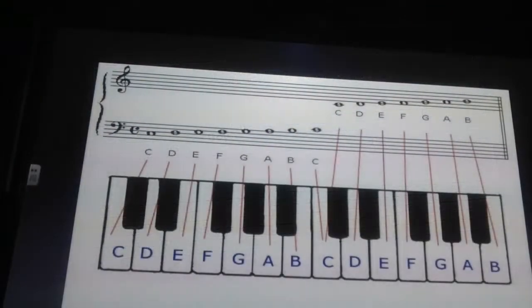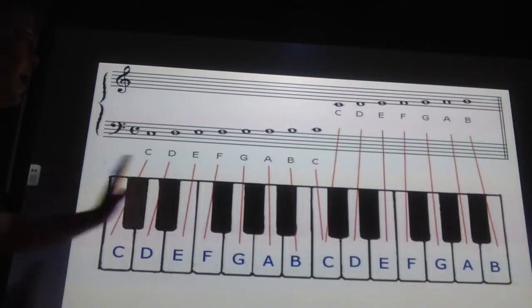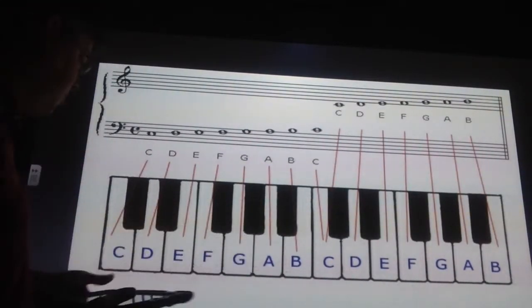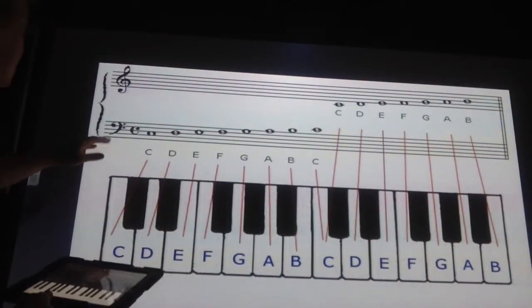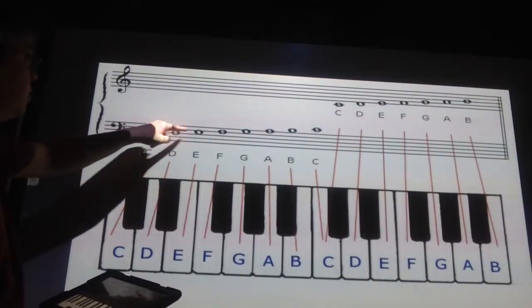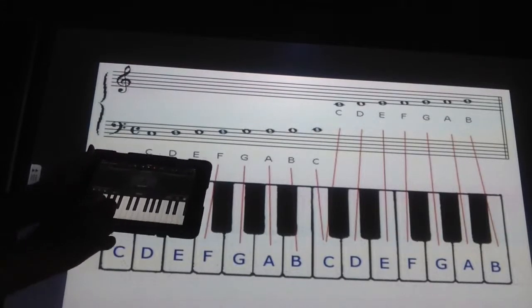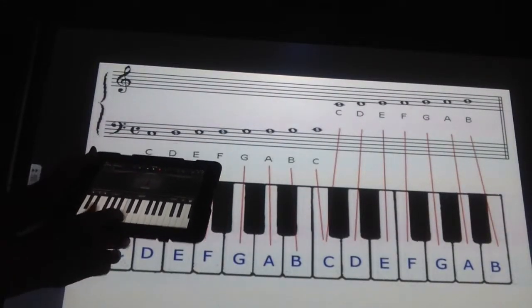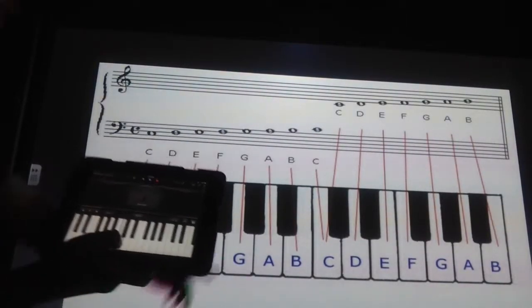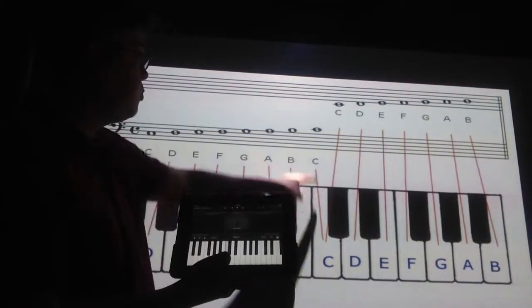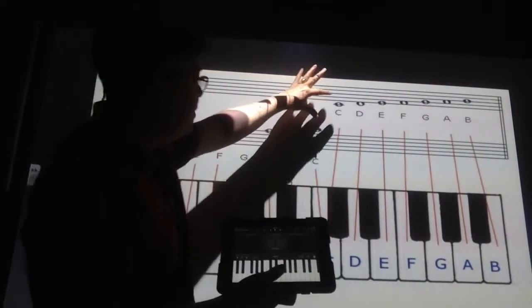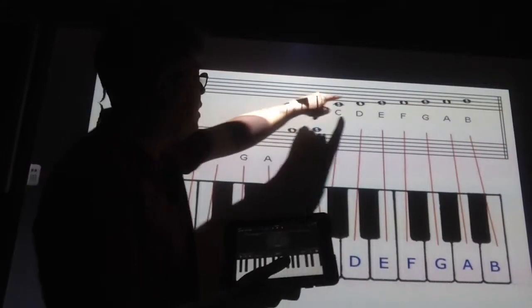The treble clef and the bass clef came into existence because of the piano. It has a wide range of being able to play. Now, showing right here, it shows our notes, and I picked up the piano on my iPad. Now, middle C, right here, corresponds to this middle note between the clefs.